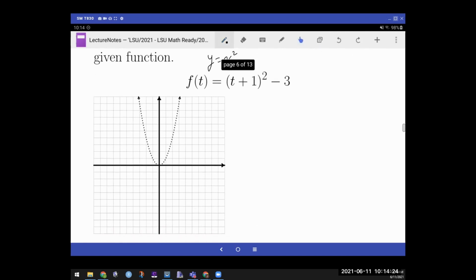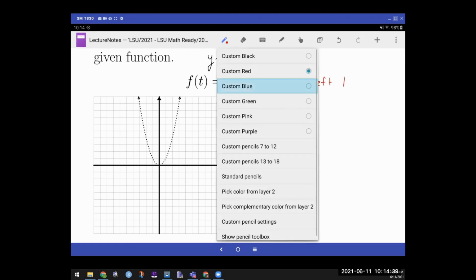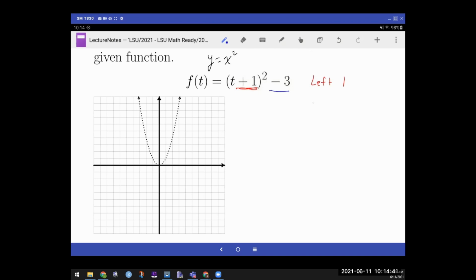Now I want to identify what are the transformations that are taking place. I see +1 inside of the parentheses. Okay, so that means I'm going to the left 1 unit. I see -3 on the outside. So I'm going to go down 3 units. So my new points will be left 1, down 3.